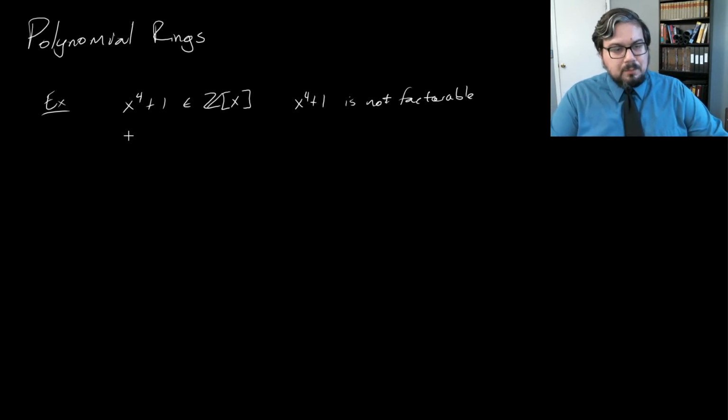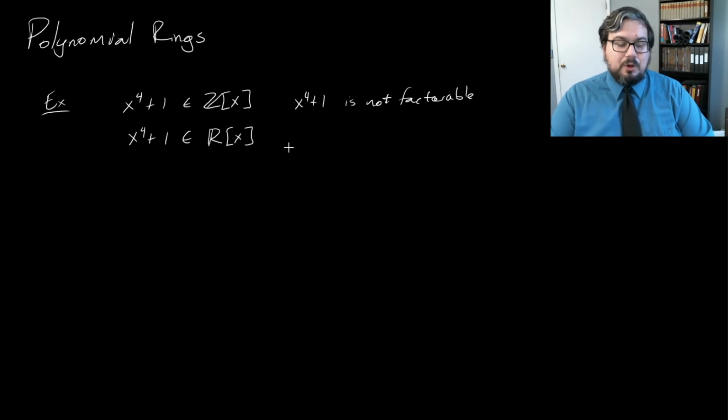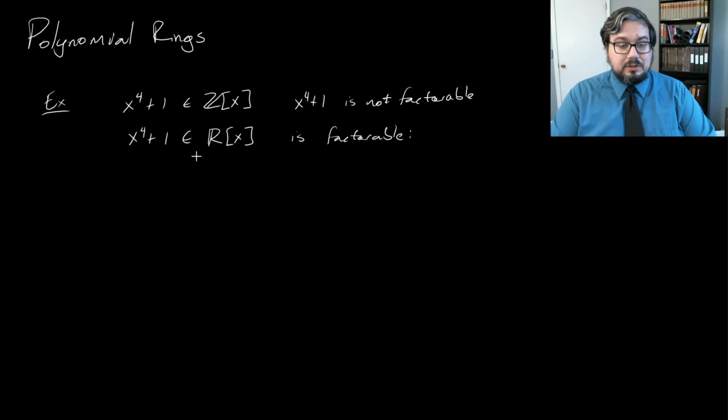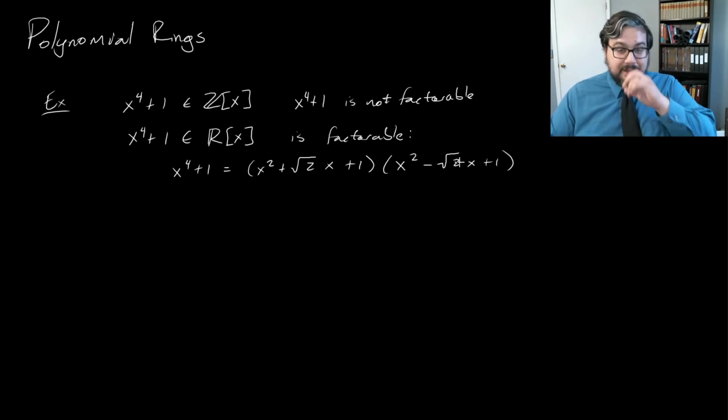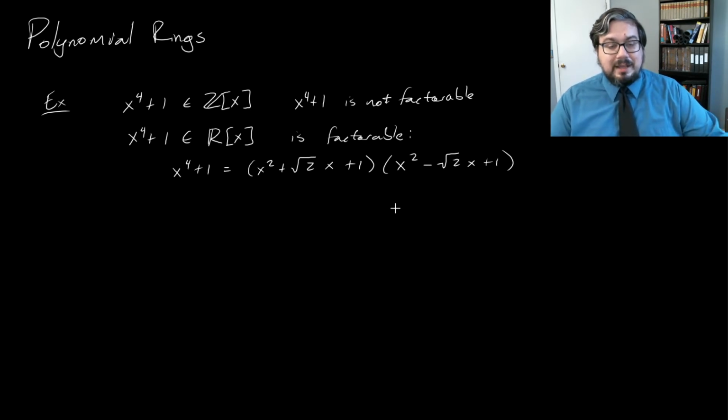But notice that if we consider a similar looking polynomial over the real numbers with real coefficients, this polynomial is factorable over the ring R adjoin x, because x to the fourth plus 1 is equal to (x squared plus the square root of 2 x plus 1) times (x squared minus the square root of 2 x plus 1), which can be easily checked just by multiplying out the right-hand side here.